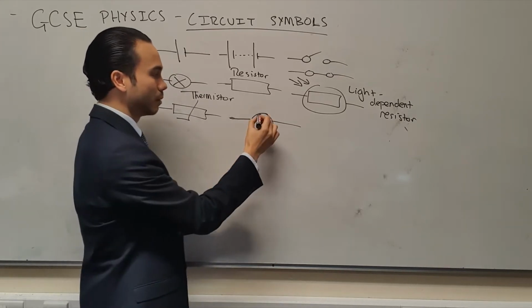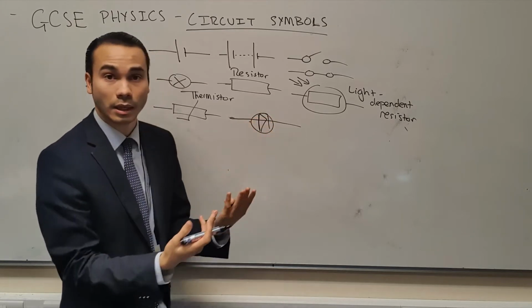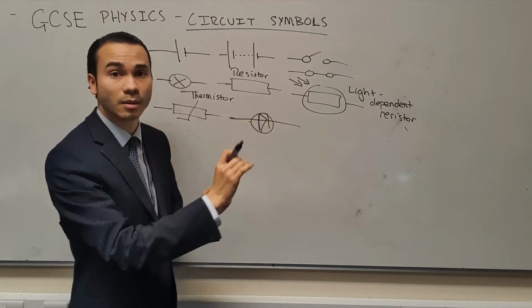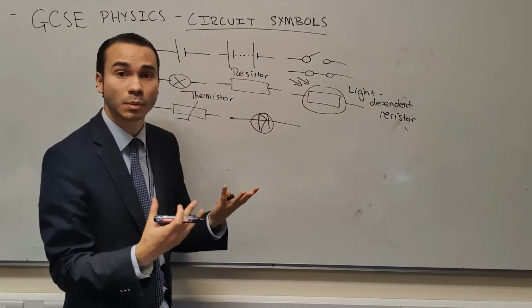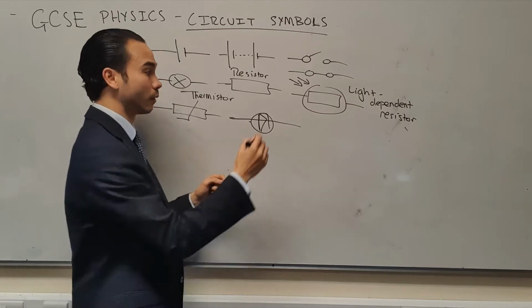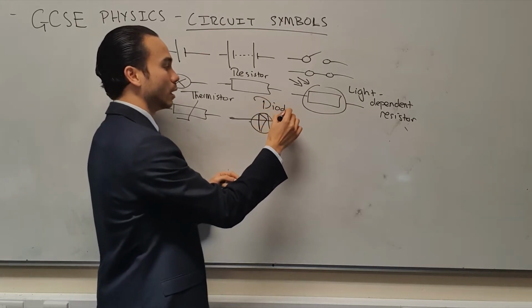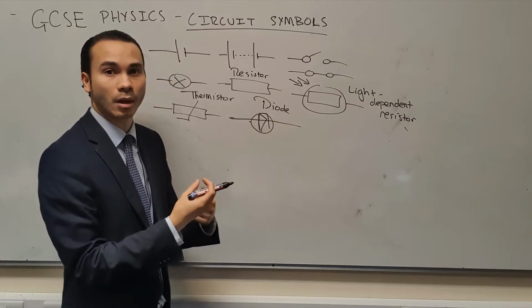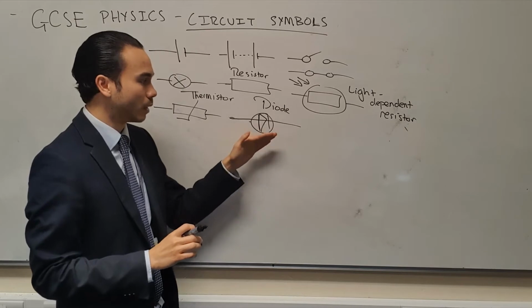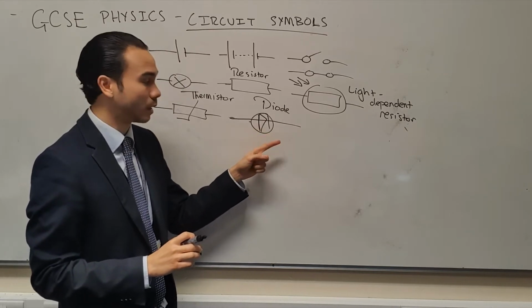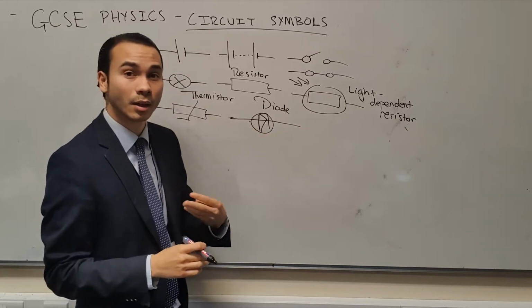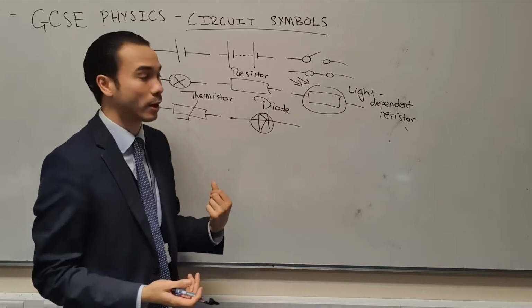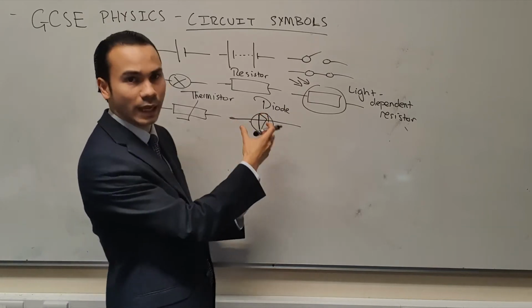This symbol is meant to denote that current is only allowed to go in one direction, and that's what a diode does. Because it's got a huge amount of resistance in the other direction, so current can't enter it from that direction. So it's a bit like a valve in a heart that only lets blood flow one way, but an electrical equivalent.